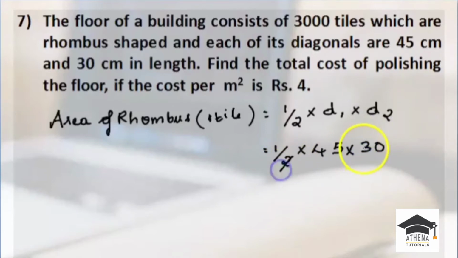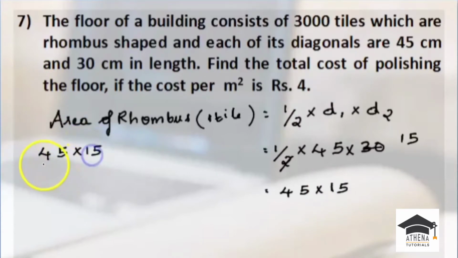So 2 ones are 2, 15s are 30. So 45 into 15. I'll do it here. 45 into 15. 5 5s are 25. 5 4s are 20, 20 plus 2 is 22 and 1 5s is 5, 1 4s is 4.